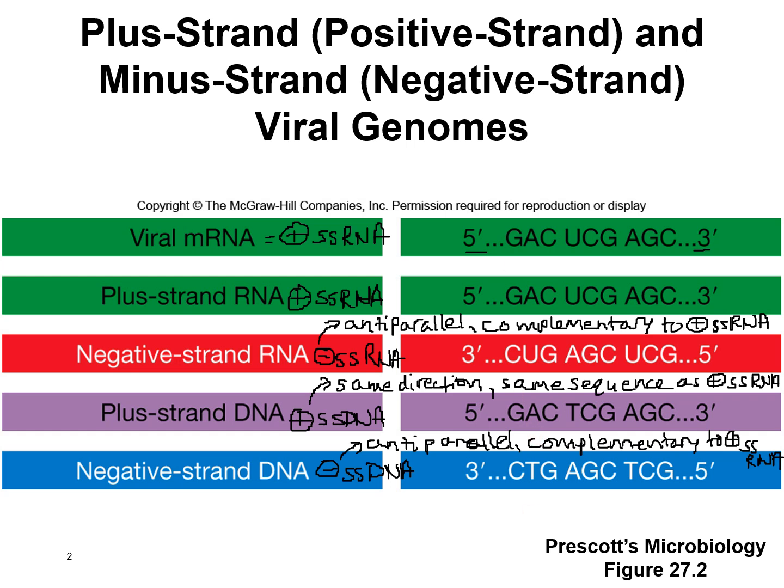Okay, so what if we have double-stranded DNA? So the two strands of DNA, remember, are going to be anti-parallel and complementary to each other. So double-stranded DNA just means that you're going to have a plus single strand of DNA and a minus single strand of DNA. So the plus strand would be running 5 to 3 prime.